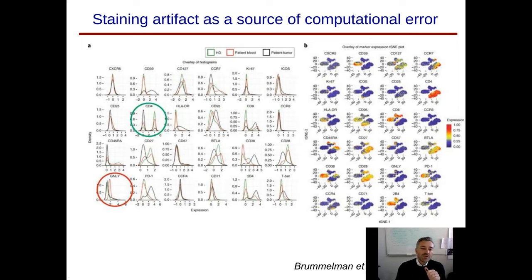So if you see the sample in red here, the patient's blood, it looks like the peak is all moved to the right. So ideally, you could think that all cells are positive. But we know that this is not possible, because granulysin, if you know a little bit about T-cell differentiation, is expressed by terminally differentiated cytotoxic cells. They could be CD8 cells or CD4 cells.